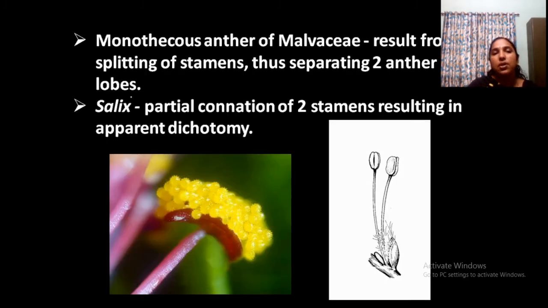So, I hope we have gone through the different steps. While discussing the evolution of stamen, you have to first explain what is a primitive stamen, what is the structure of a primitive stamen. So, by taking different examples, you have to draw the primitive stamen, its nature. Then, what is the process going on? What are the changes occurring in the anther part, in the connective part, in the filament part?